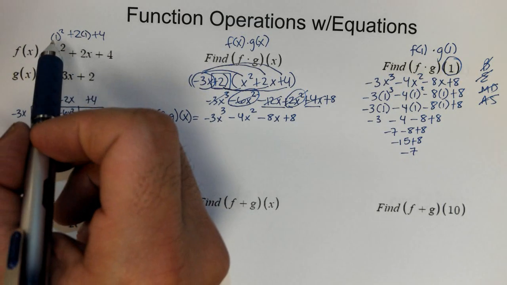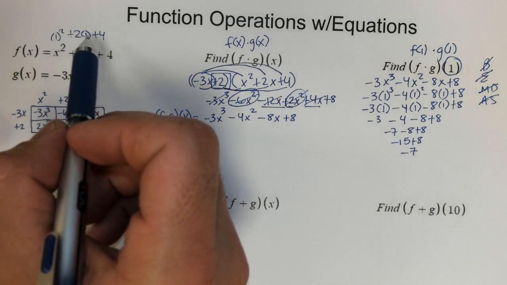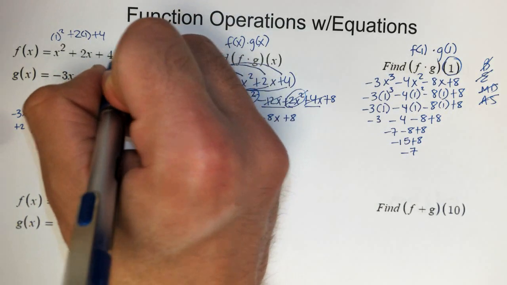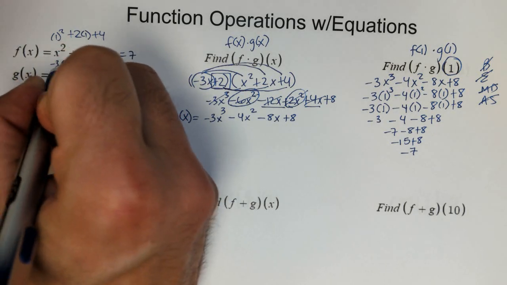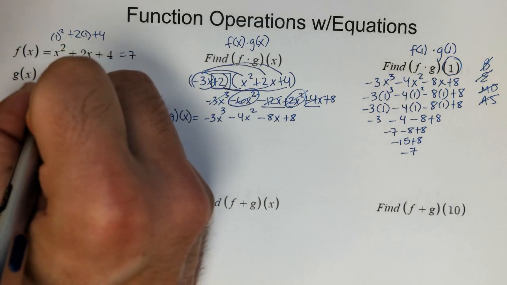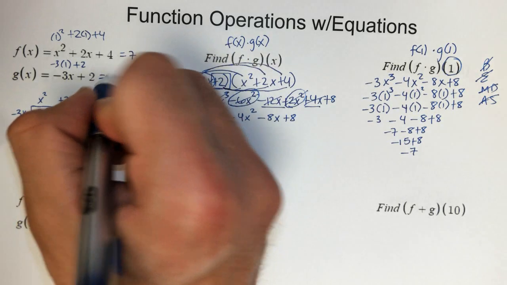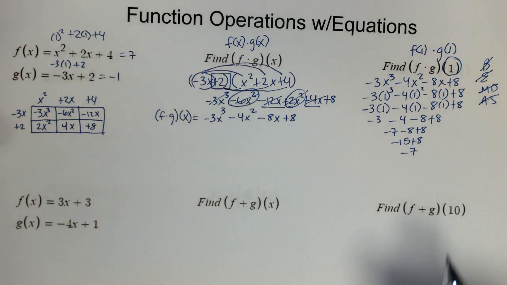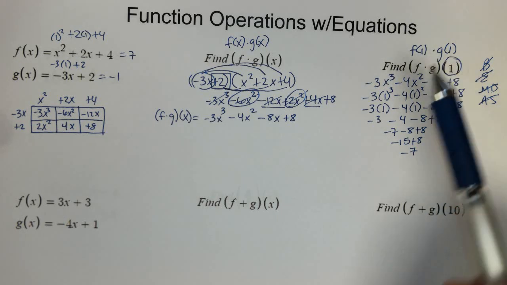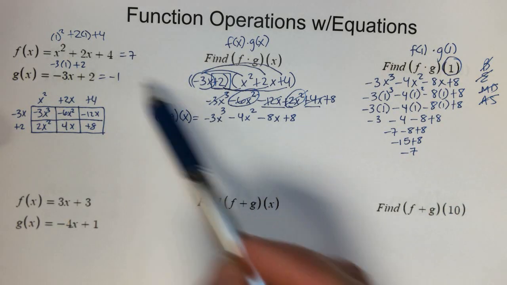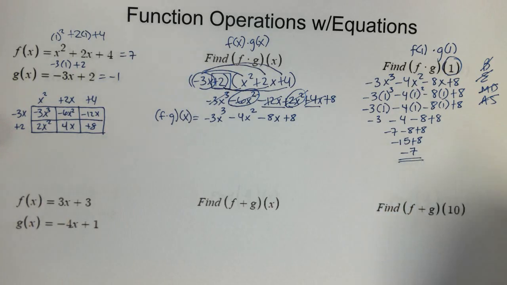When I simplify it, I get 1 plus 2 is 3, plus 4 is 7. If I plug in 1 here, I get negative 3 plus 2, which is negative 1. What do you get when you multiply the f function at 1 times the g function at 1? Well, 7 times negative 1 is still negative 7. So I know I did my math correctly.